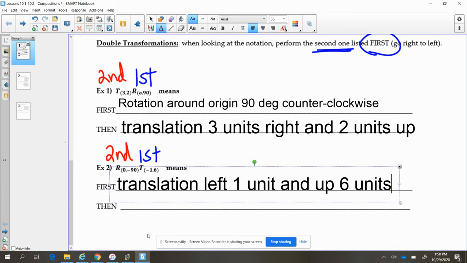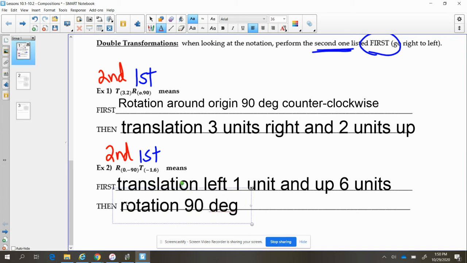And then we're going to take that transformed point and perform the second operation, which is this rotation. So this time we are going to perform a rotation of 90 degrees clockwise, since it was -90.